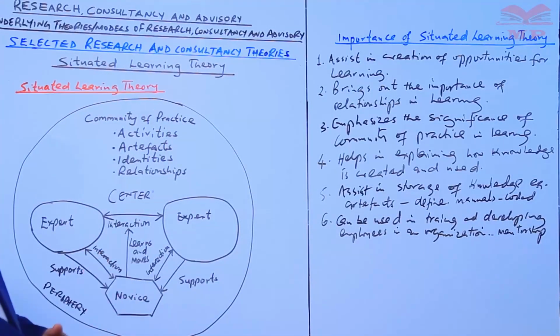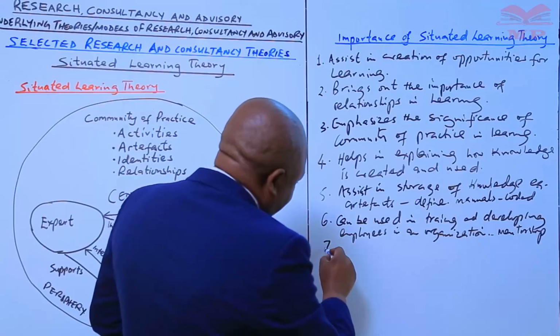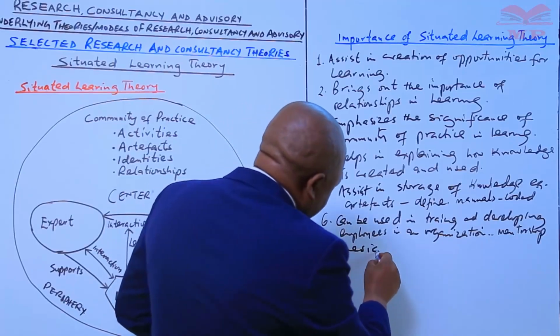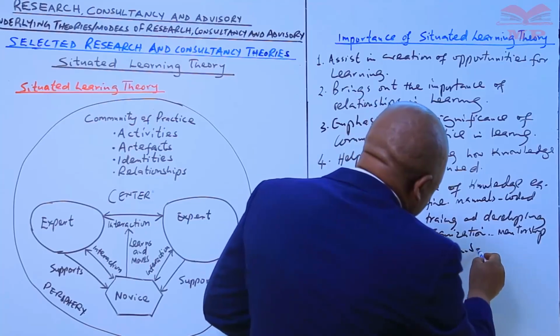So these could be some of the areas where the situated learning theory may be utilized in an organization, and there could also be other areas, for example, designing of organizational structure.